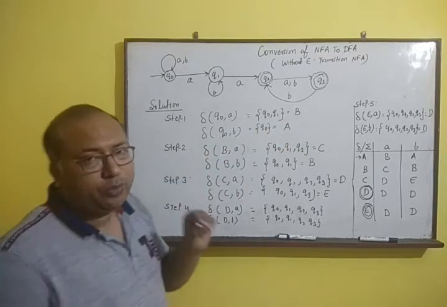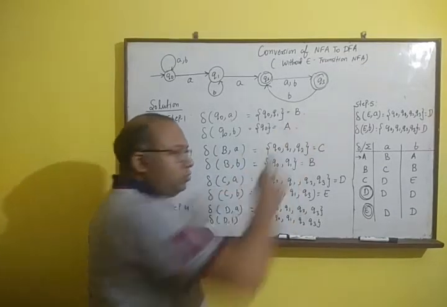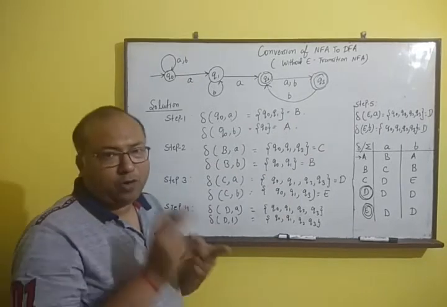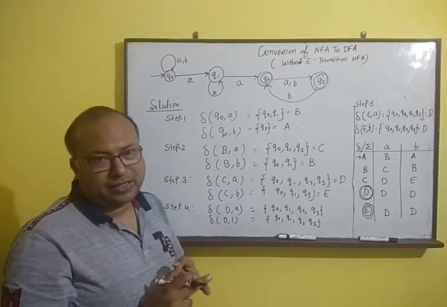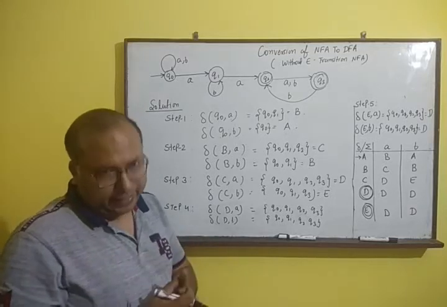Now we need to apply the similar algorithm on these two sets. But always remember, if you have already done it previously on any set, then there is no need to do it again.